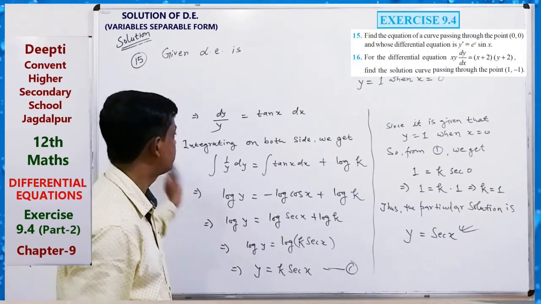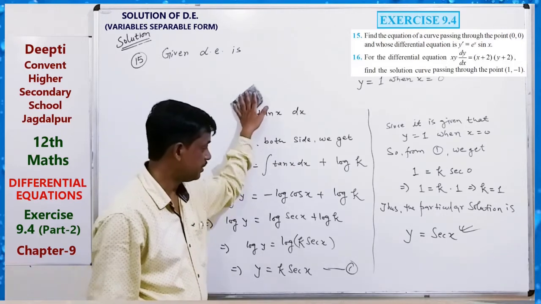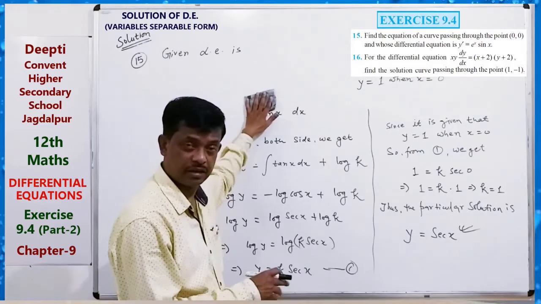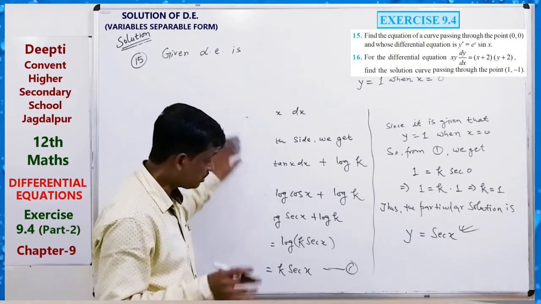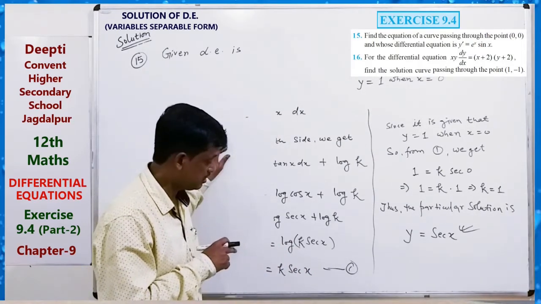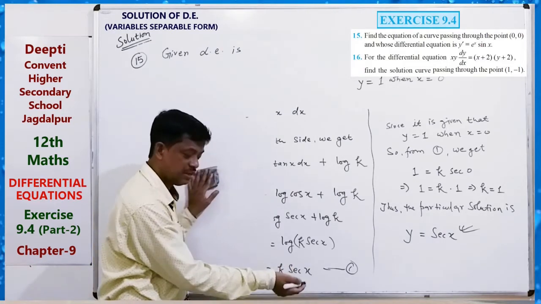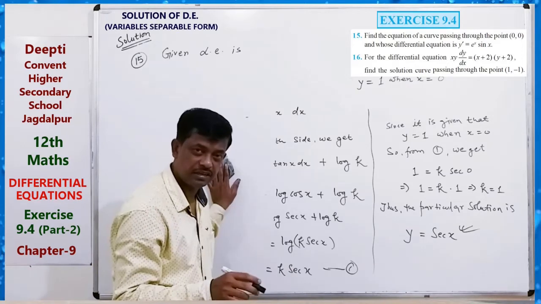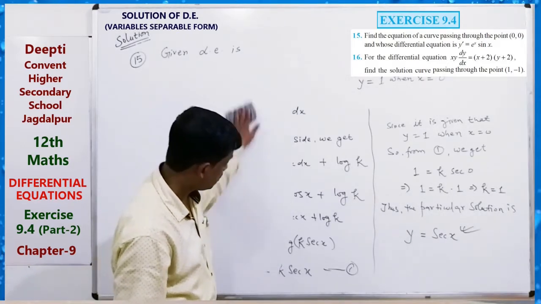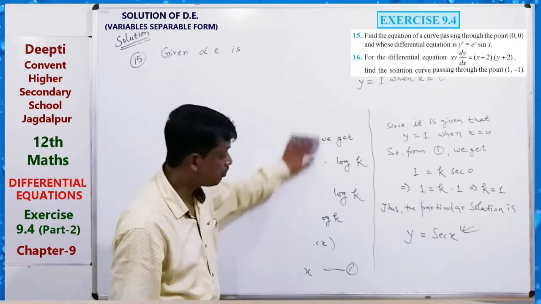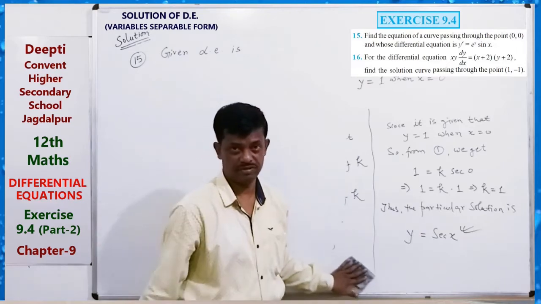Whenever we find the solution of a differential equation, we get a general solution, and the general solution contains arbitrary constants. With this arbitrary constant, the relation between x, y and the constant represents a family of curves. If you give a particular value to the constant, then we get a particular curve.